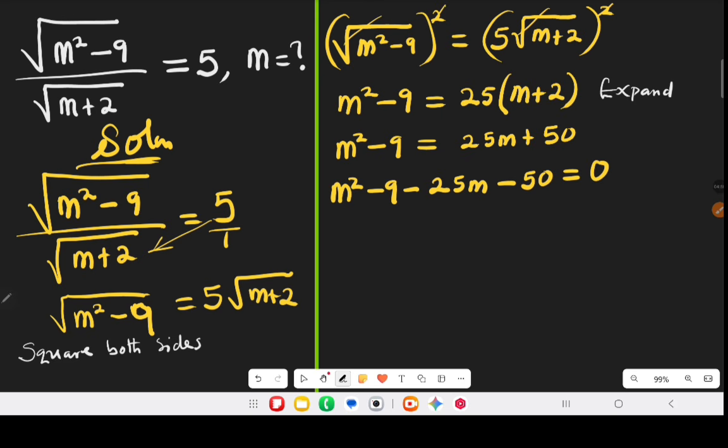Now we collect the like terms. We have m squared, which we cannot touch, then minus 25m. We have to add up 9 and 50 because two of them are numbers. When we do that, we have minus 59 equal to 0.